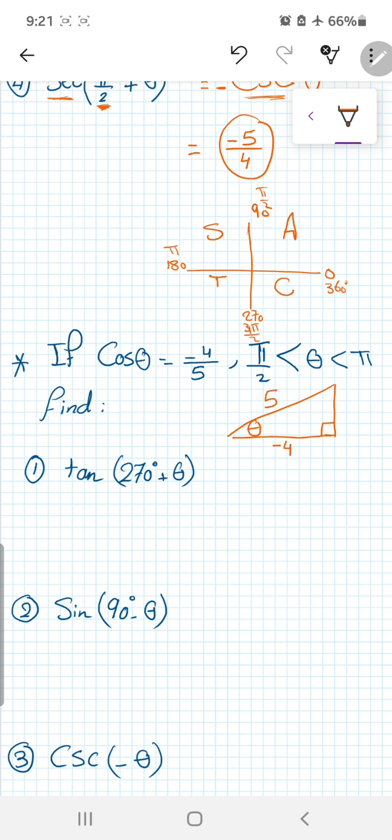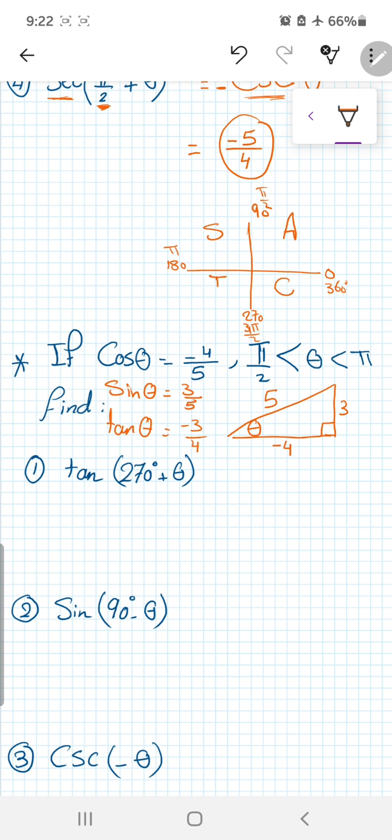By using Pythagoras theorem to get the opposite, the square root of 5 squared minus (-4) squared is 3. Agreed? So cosine theta is -4/5, sine theta is opposite over hypotenuse, 3/5, and tan theta is opposite over adjacent, -3/4.